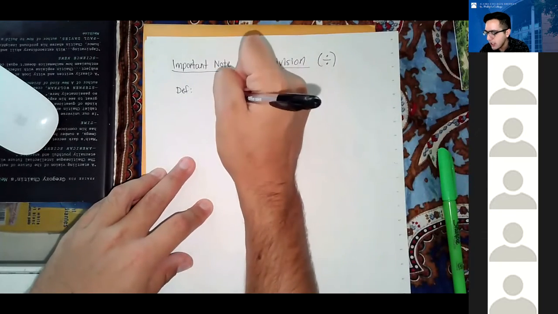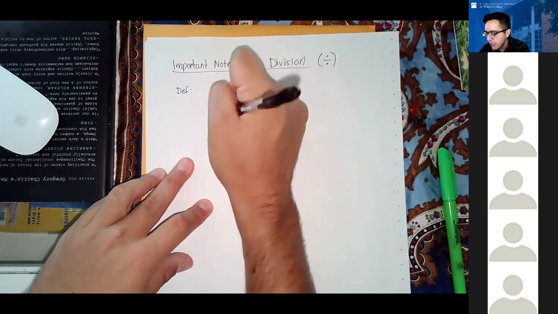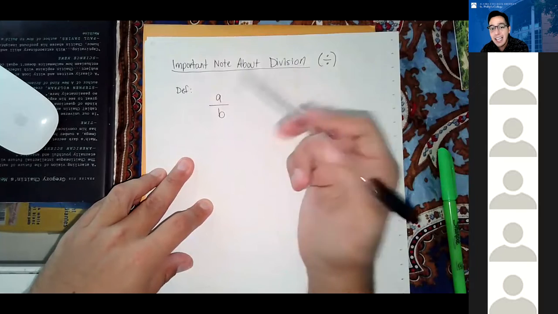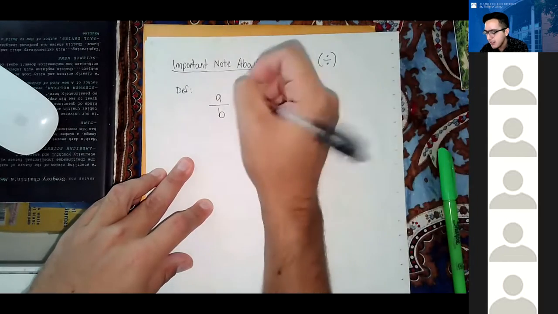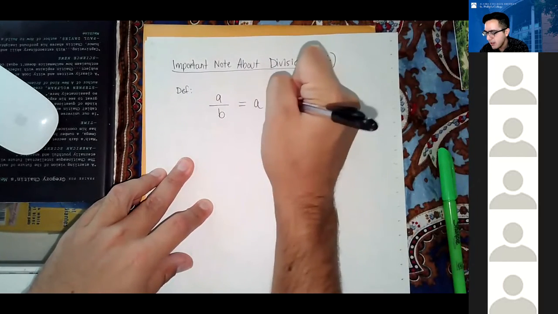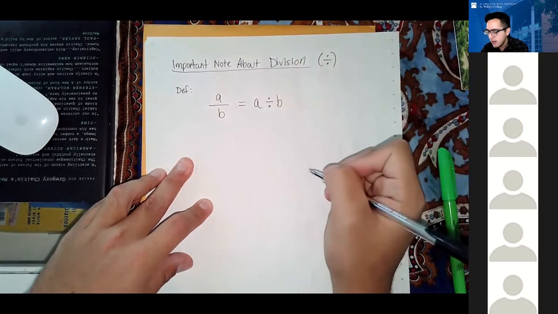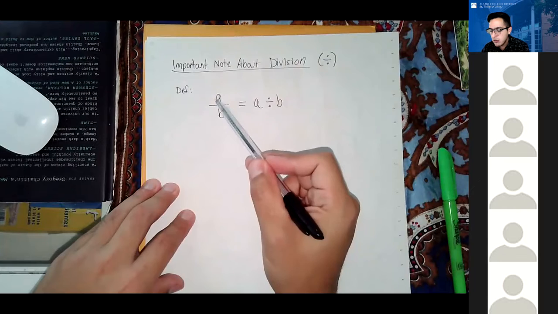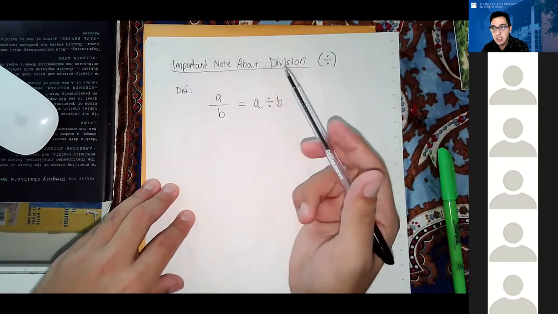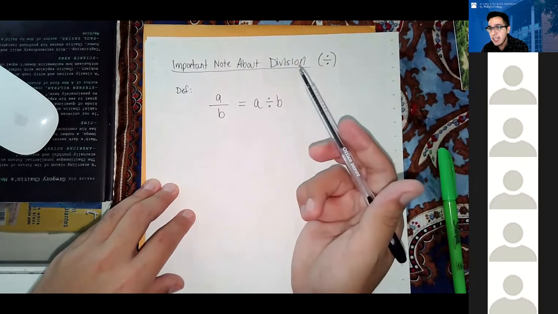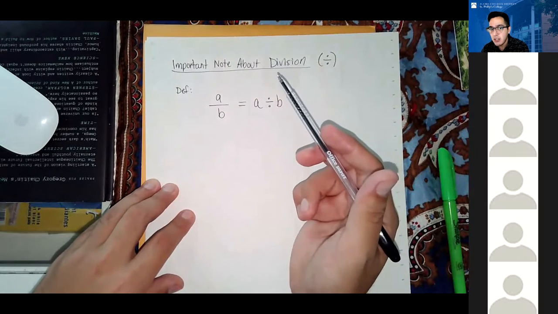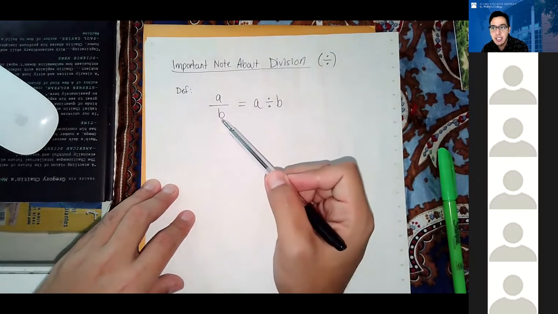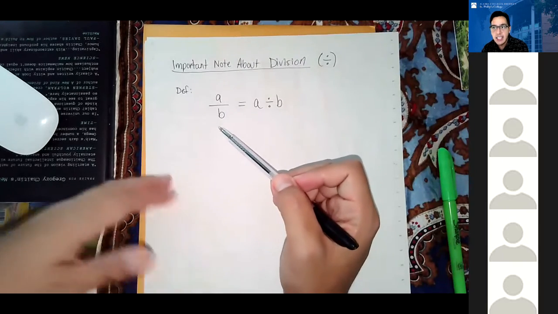So if I had the expression A over B, that is the same thing as saying A divided by B. So we're going to have to get used to thinking about these fractions as a division problem, and usually that can help us simplify some fractions more easily.